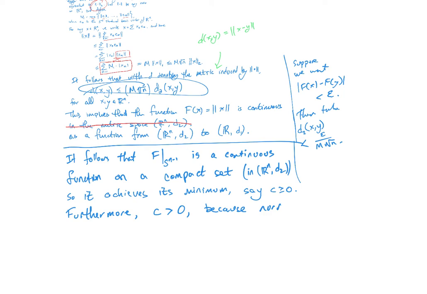So norms can only be 0 at the 0 vector, and the 0 vector is not in this set where we're evaluating f.